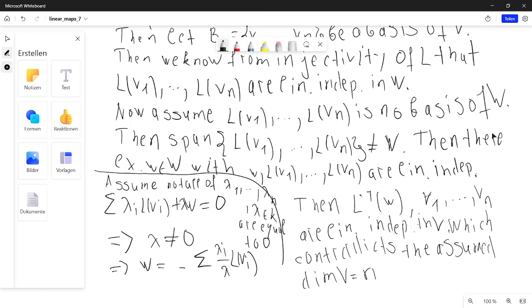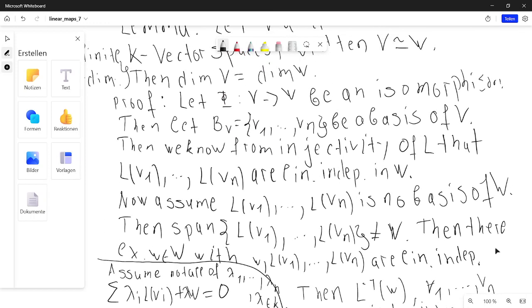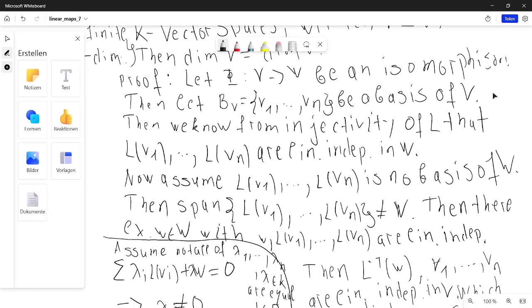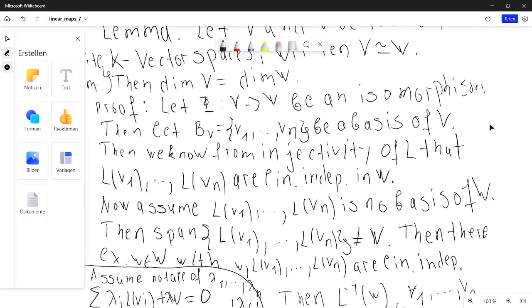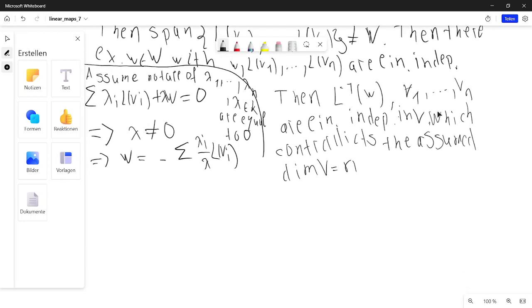equal n. And that we assumed just here, where we have assumed that V1 to Vn would be the basis elements of a basis BV of V. So the dimension was n, and here we have n plus 1 vectors, and they are supposed to be linearly independent, which of course is a contradiction to dimension V equal to n.